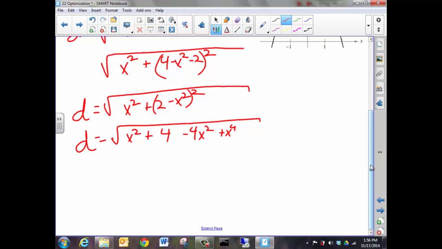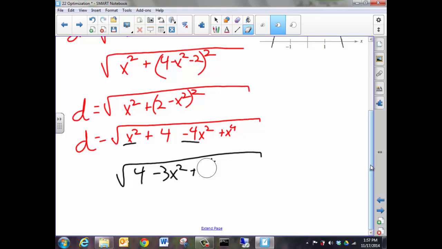Now I can combine these two together. So I'll have x squared. I won't have x squared. Come on, Ely. Get with the program. 4 minus 3x squared plus x to the 4th. And that's as clean as I can get.